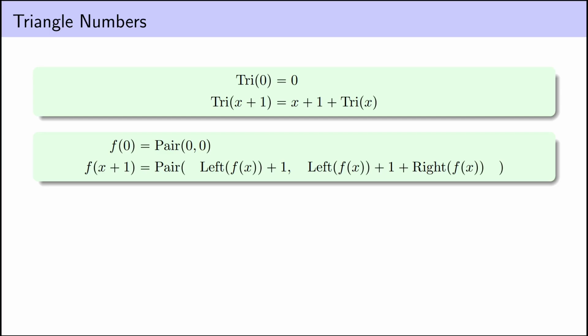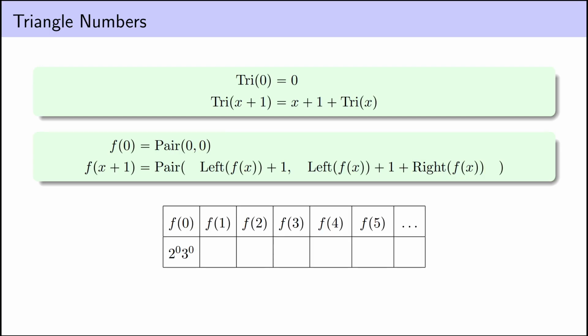So let's construct a function f by pure iteration that keeps track of the pair of x and the xth triangle number. It starts off at the pair 0, 0, and each time we want to update our pair, we add 1 to the left value, we add 1 to x, and then we update the right value, the triangle number, by adding our x plus 1 plus the previous triangle number we were keeping track of.